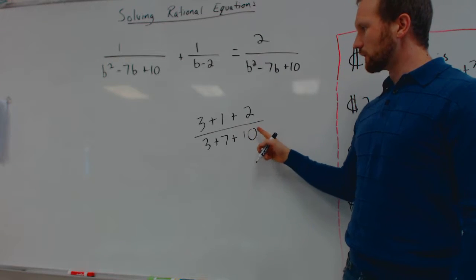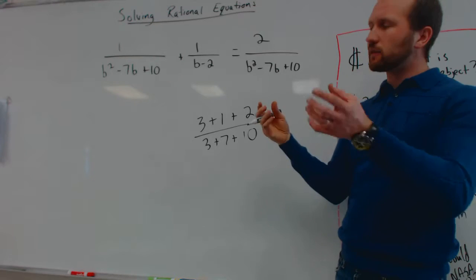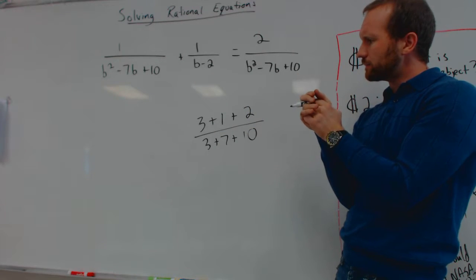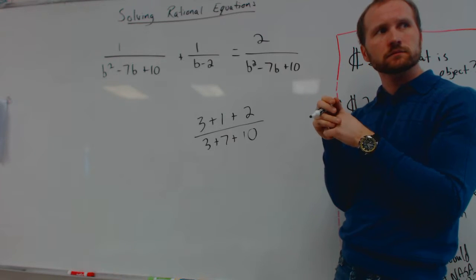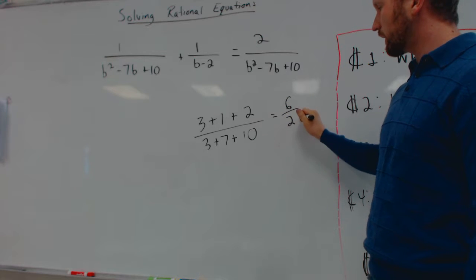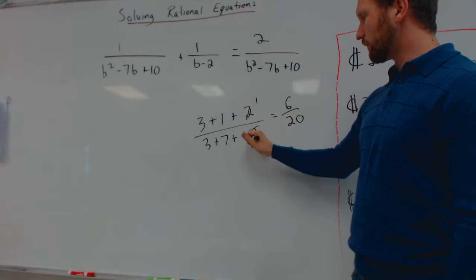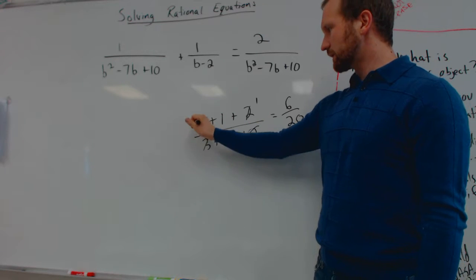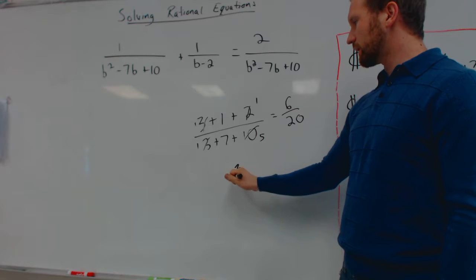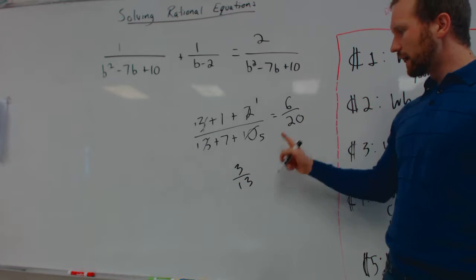Can I cancel the 2 and the 10 and the 3 and the 3? I can't, because they're like terms, they're not factors. This is 6 over 20, right? But if I tried to cancel this, right, 1 and 5, and don't do this, this is not allowed. Then I would get 3 over 13, which is not the same thing.